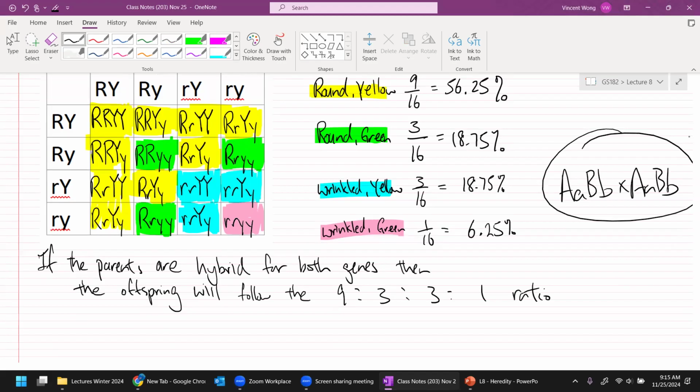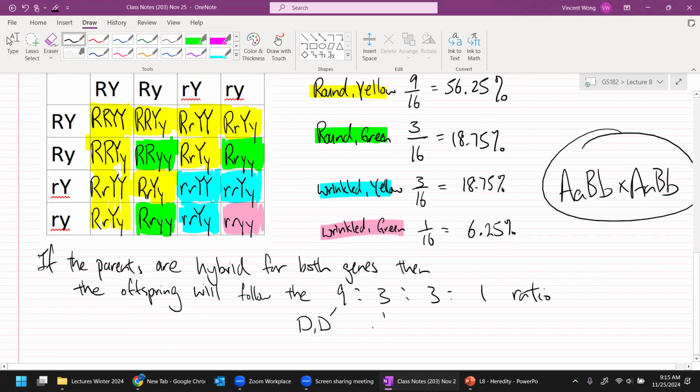Okay, now what does the number mean? 9 is the most common phenotype. It's round and yellow or whatever dominant traits are. So this is when the plant or the animal is dominant for both traits. It's going to be 9 out of 16.